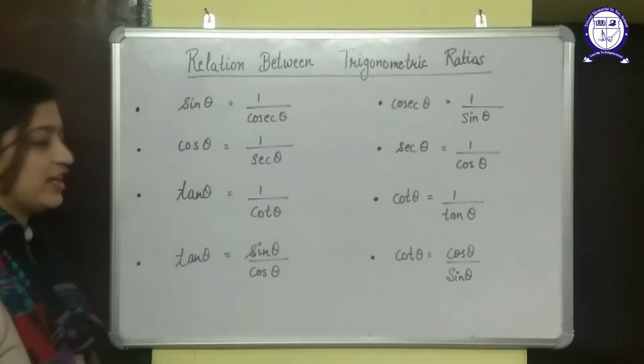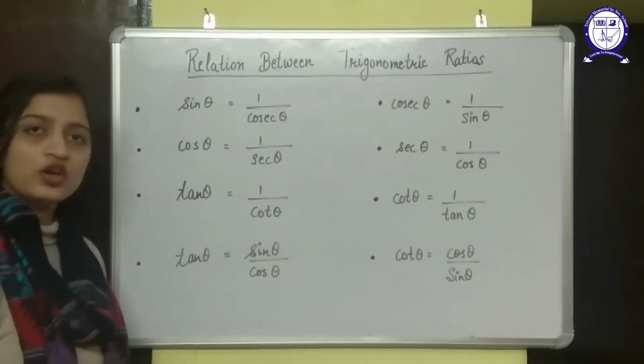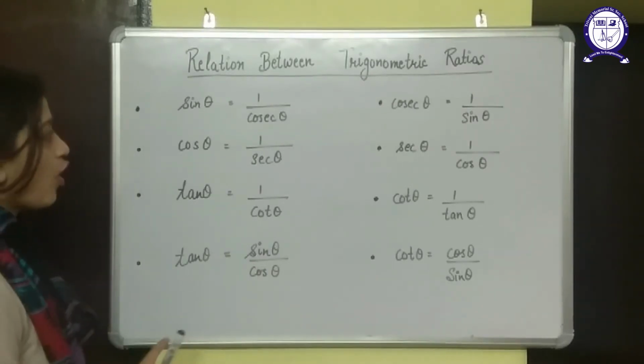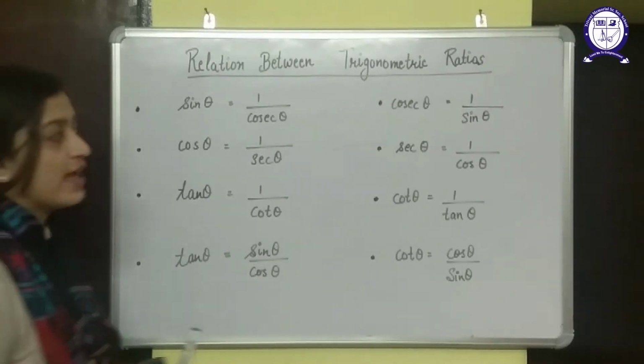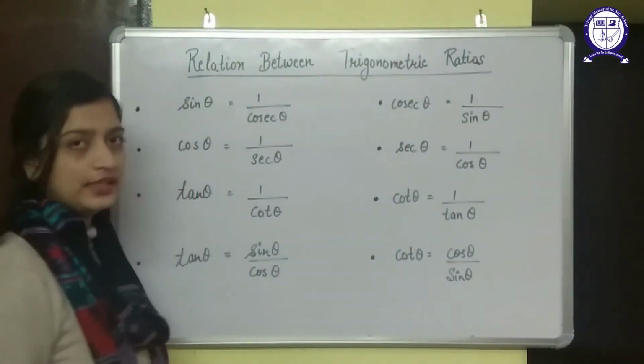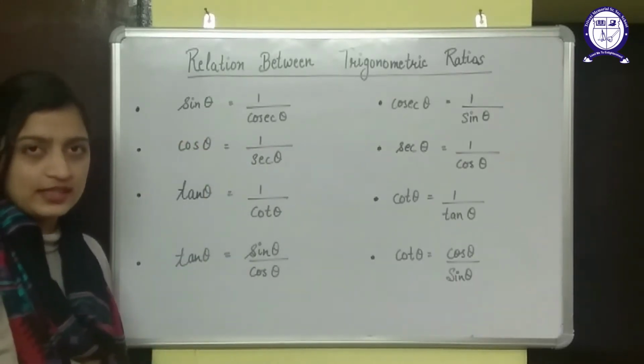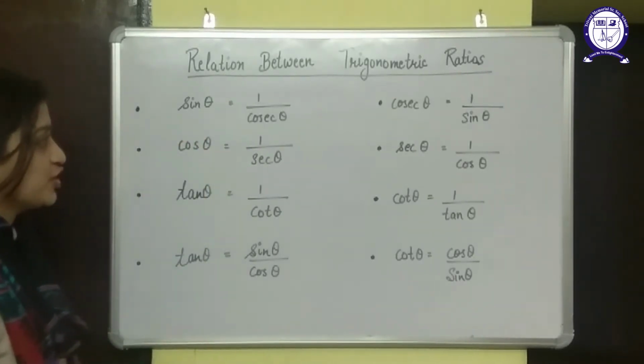Now the first relation is sine theta equals 1 upon cosec theta, or the same thing can be written as cosec theta equals 1 upon sine theta. That is just interchanging the role of sine theta and cosec theta. How is this relation made?